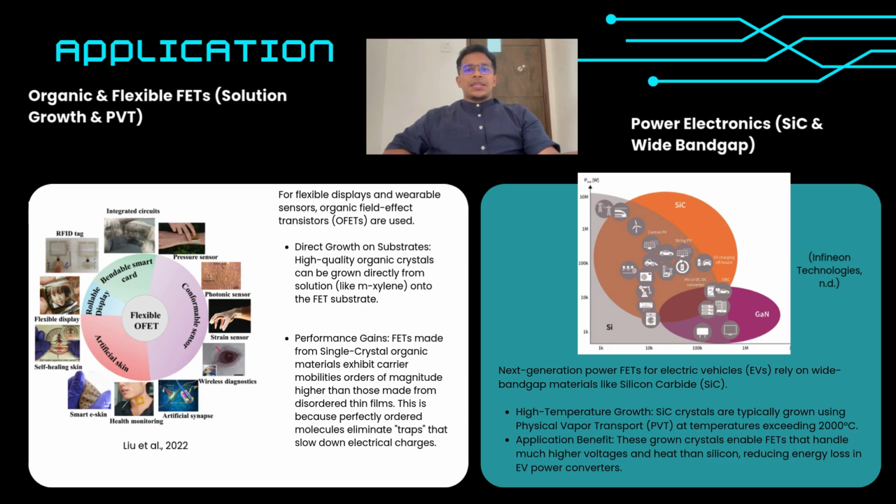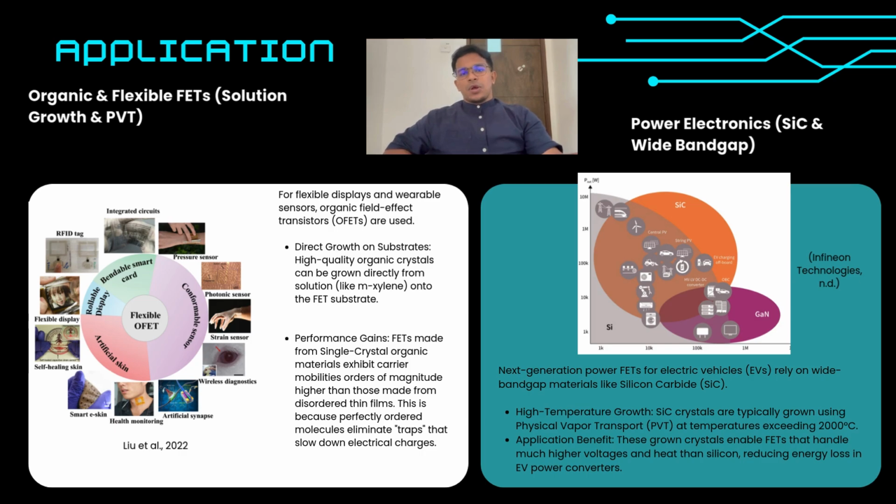For next-generation power FETs, especially those used in electric vehicles, we require a material with a wide bandgap like silicon carbide, or SiC. The growing of SiC is a high-intensity process; we typically use physical vapor transport (PVT) at temperatures exceeding 2000 degrees Celsius.